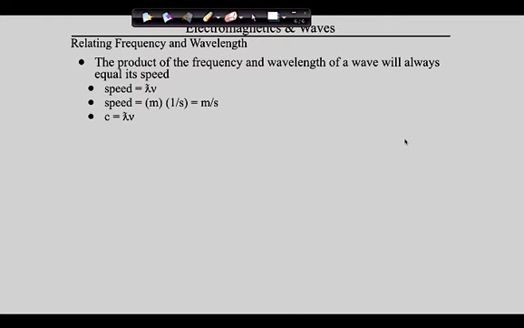It says the speed of light, assuming it's electromagnetic radiation, is equal to the wavelength lambda times the frequency nu. Now, guys, find that on your equation sheet. You got it there? You're okay? You're good?